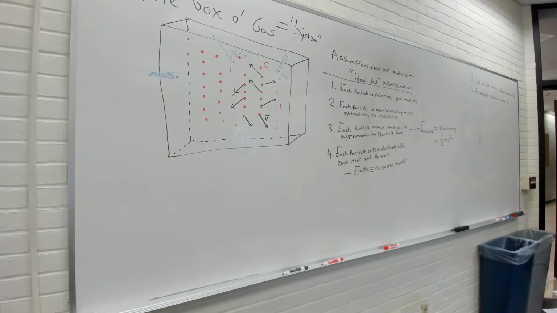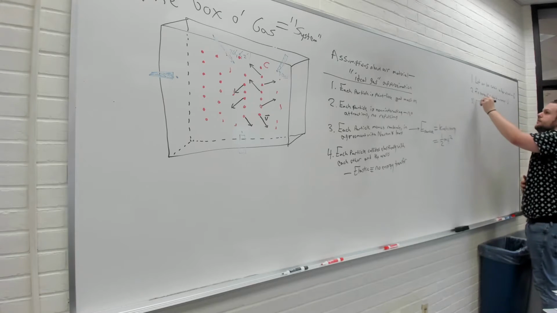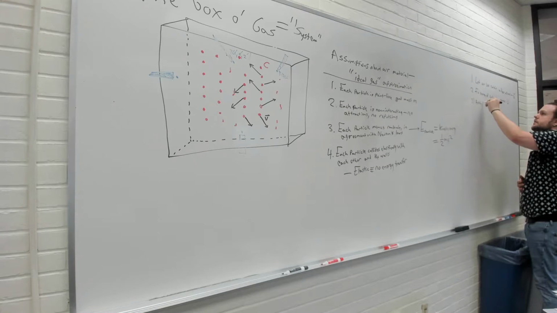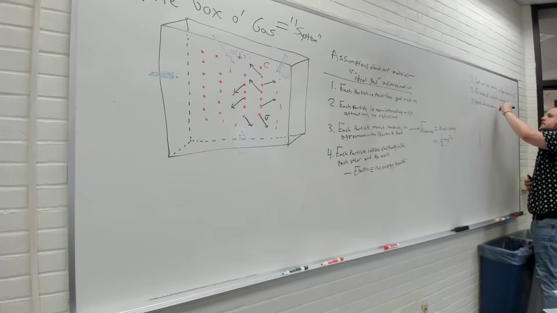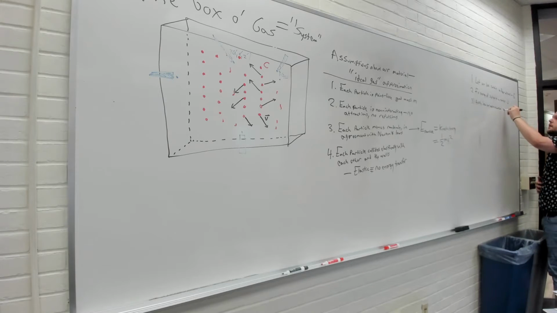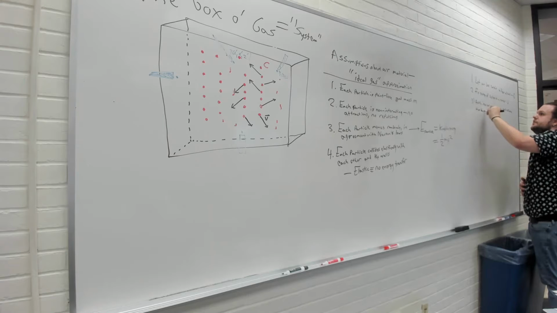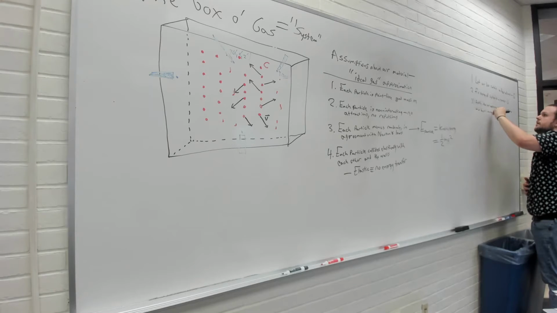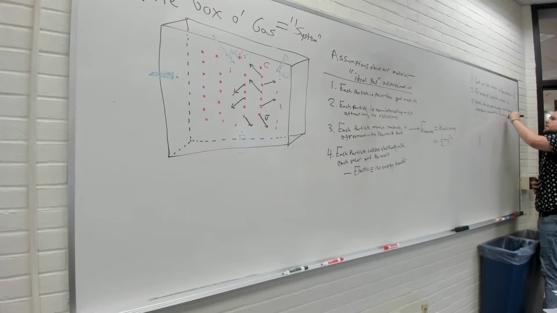Then we apply the ideal gas approximation and assume that the kinetic energy of one of the 5 particles, atoms, is an integer, a whole number.